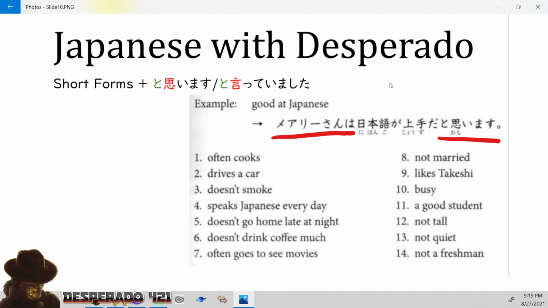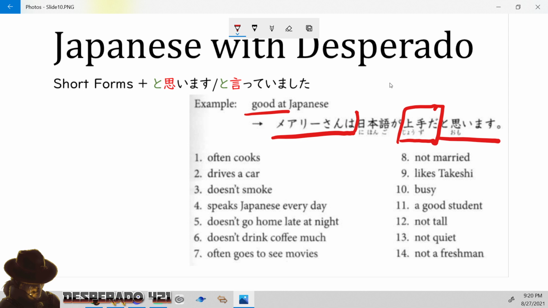We're going to use Mary's name in the very beginning, with wa. And always, right before the to, you need to use the verb, noun, or adjective, the describing thing. So this one here is jozu, which is good at. So Meri-san wa nihongo ga jozu da to omoimasu.